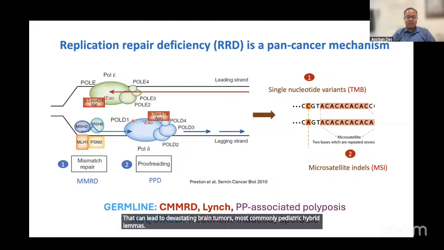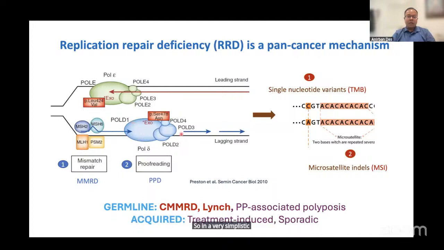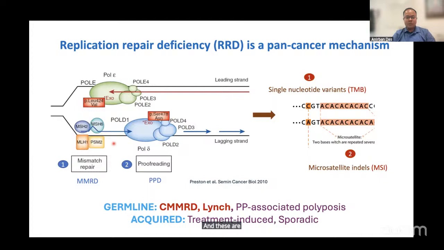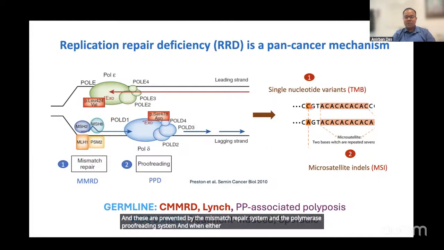So in very simplistic terms, when the cell divides, the DNA replicates, and there are errors that can happen during this replication process. And these are prevented by the mismatch repair system and the polymerase proofreading system. And when either of them is lost, this leads to cancers with a high rate of genomic instability in terms of mutations, as well as insertions and deletions, which are more common in the microsatellites.